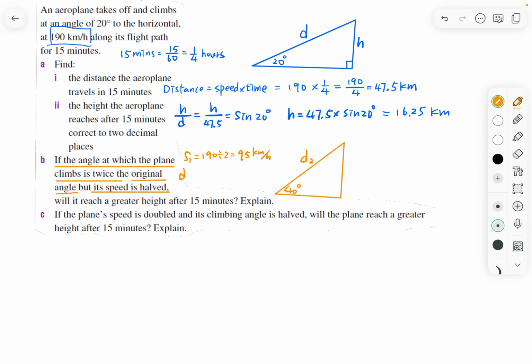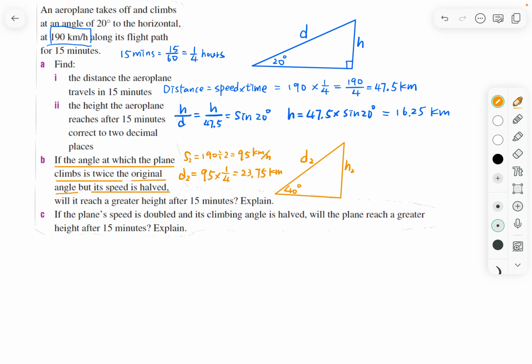So distance equal to 95 times 1 over 4 equal to 23.75 kilometers. Now we want to find height 2, H2.